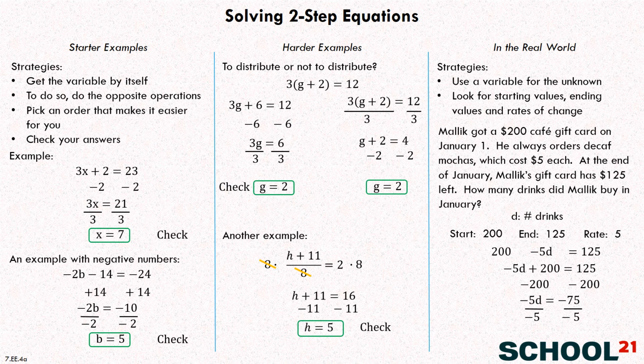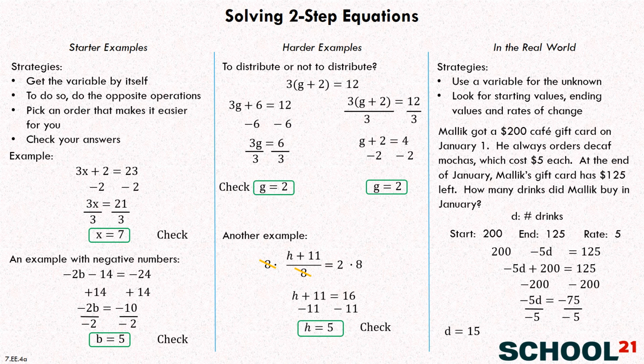And we have to do that to both sides. The left-hand side, negative 5 divided by negative 5, that's going to cancel or just be 1, so 1D. And the negative 75 divided by negative 5, might have to dig into your times tables for that or use a calculator. But basically, you know it's going to be positive because it's a negative divided by a negative. And it's going to be positive 15.